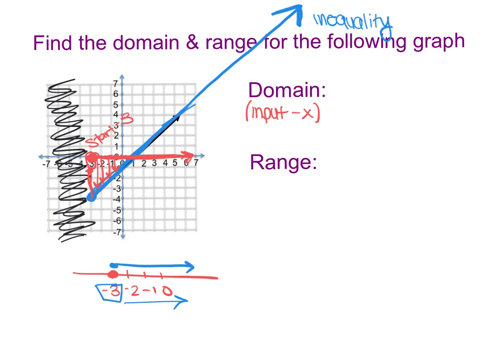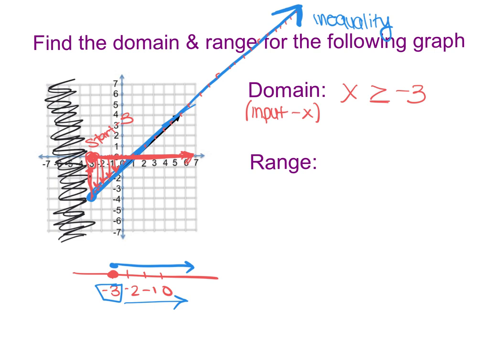So I can represent my domain by using my graph in the picture to say the domain that I need, the x values that I need, start at -3, and then they are all of the x values that are bigger than -3. And if I use all of those x values bigger than -3, I will be able to continue a graph to the right that will ultimately create a graph that contains all of those points there. So that's how I can find my domain.